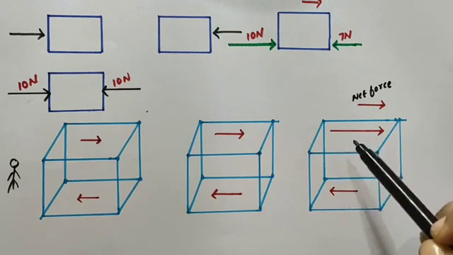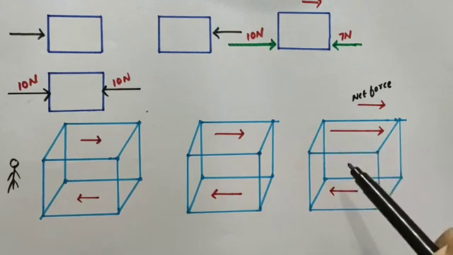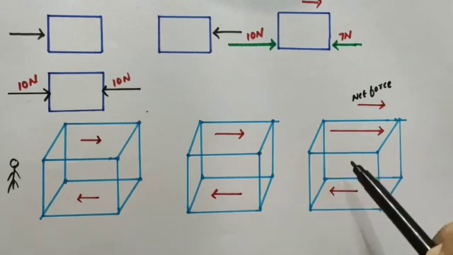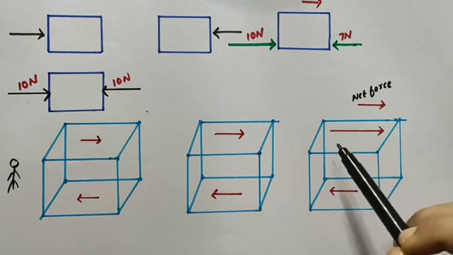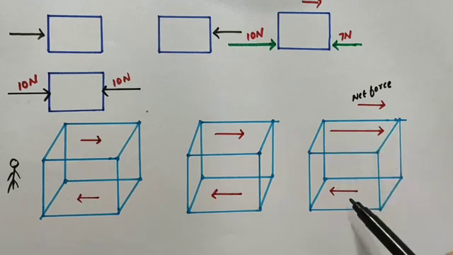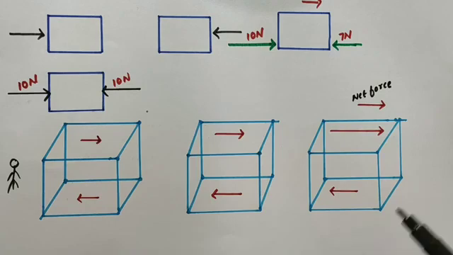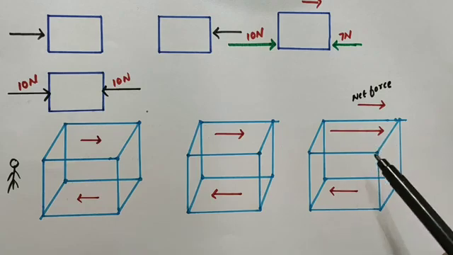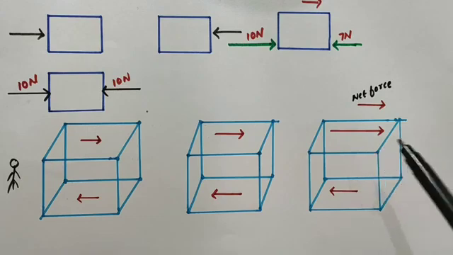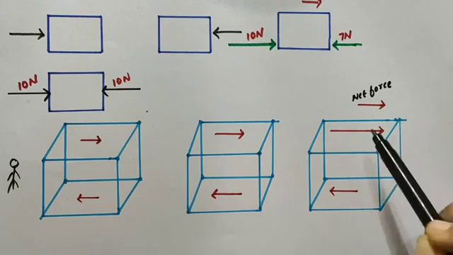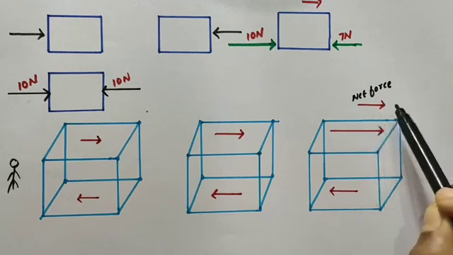So when he pushes this box even harder, so that the pushing force becomes bigger than the friction force, what happens? There will be a net force, an unbalanced force, which acts in the direction of greater force.